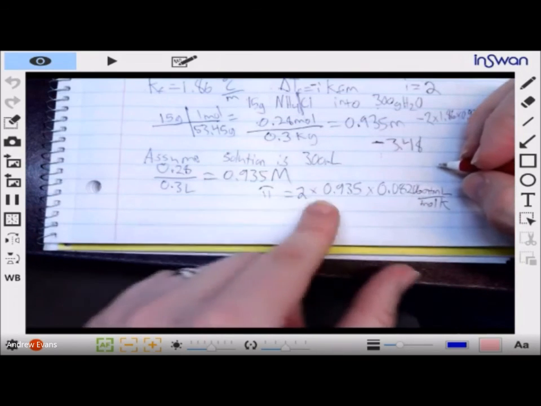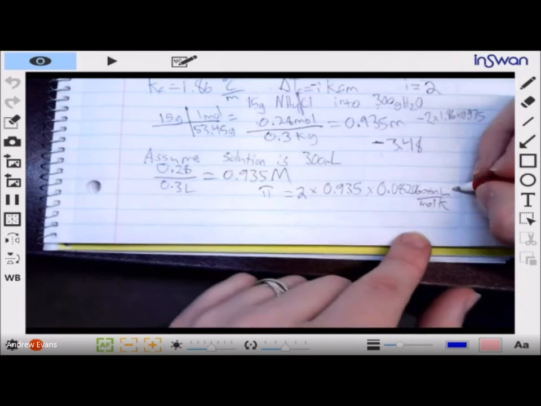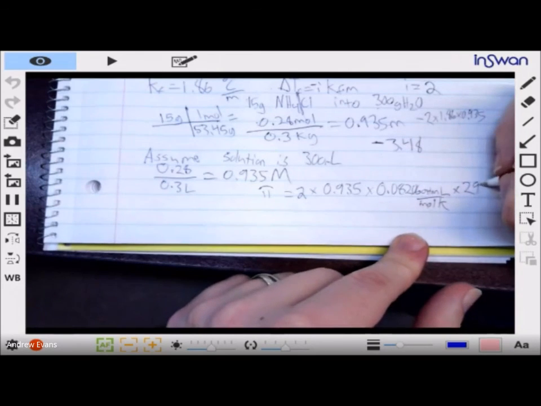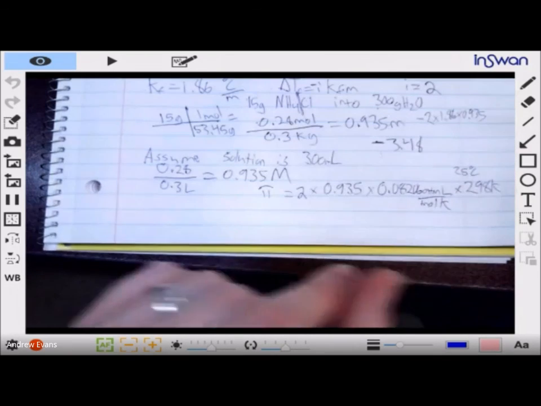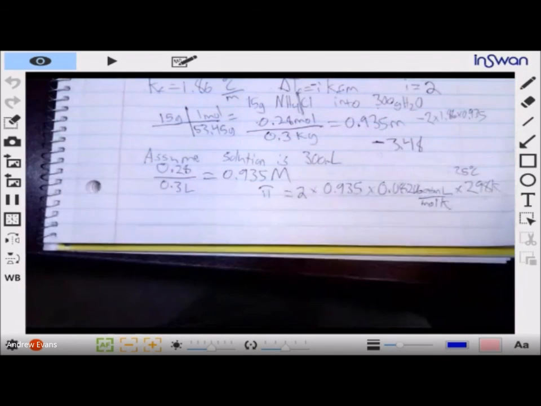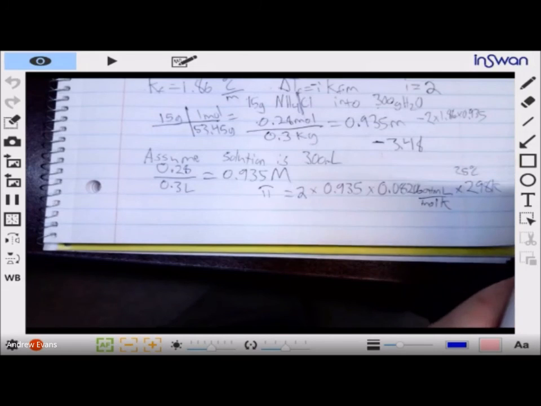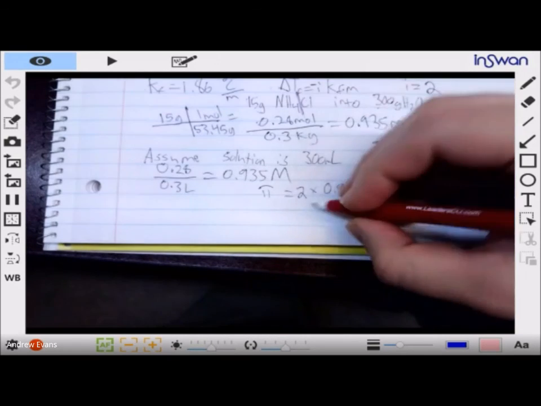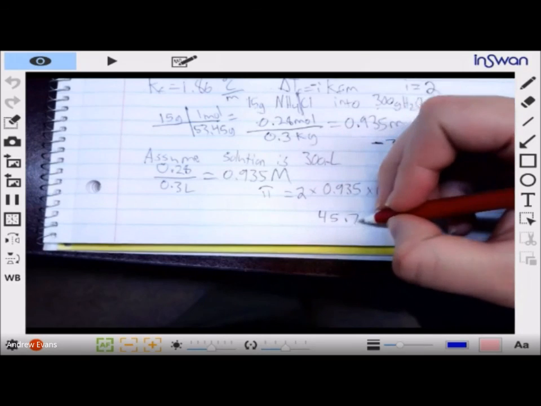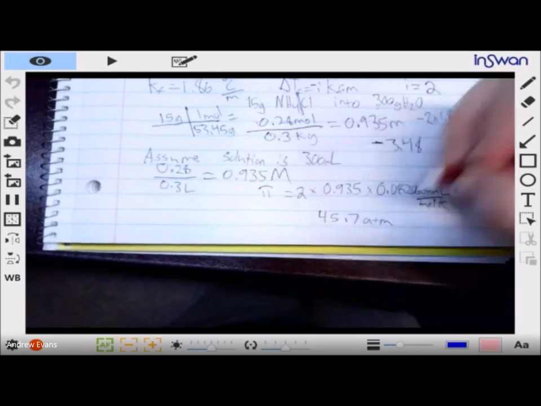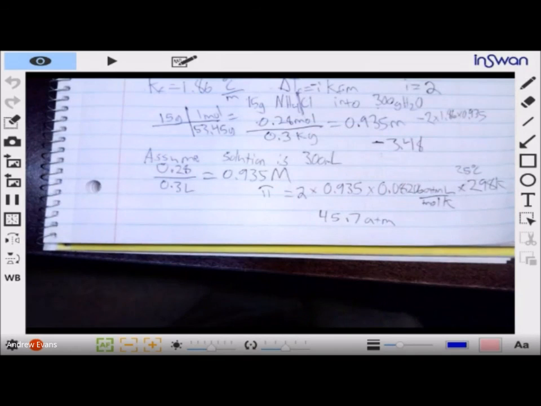And we'll say this is at 298, 25 degrees, to make our lives a little bit easier. We just have to multiply those numbers together. So the pressure under this situation would be 45.7 atm, which is pretty high, all things considered.